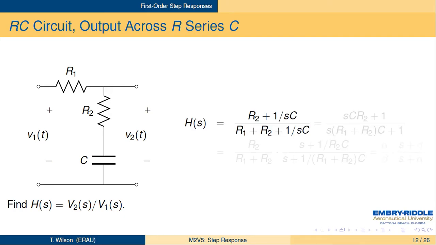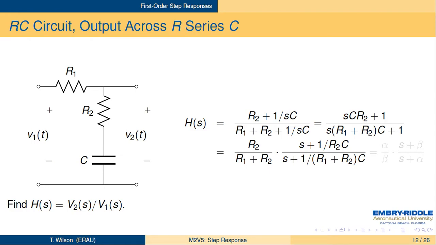It's R2 plus 1 over SC as the output voltage over the total resistance, R1 plus R2 plus 1 over SC. Clear out the SC terms. And then we're going to pull an R2C out of the numerator and an R1 plus R2 times C out of the denominator. The C's are going to cancel, so you get R2 over R1 plus R2.